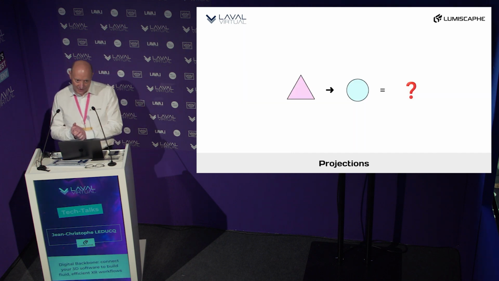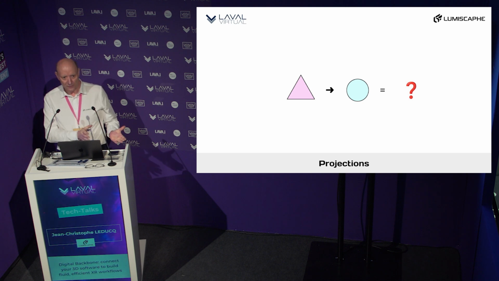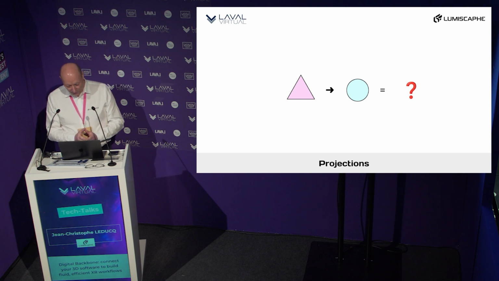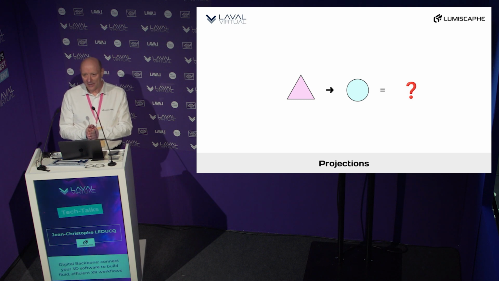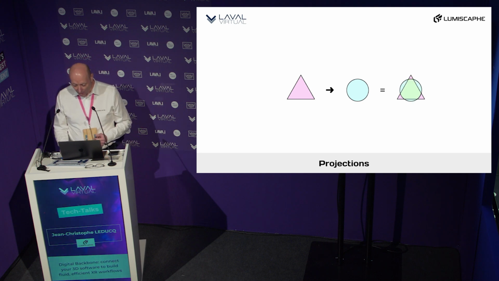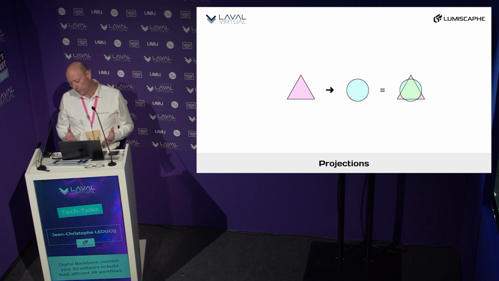So let's pretend that the triangle is one universe, one application, and the circle is another one. The small black arrow is not an export. This is a projection: how I project my data from the triangle world to the circle world. And we see this is not the same shape, so I'm using the analogy of overlapping shapes to understand what happened.